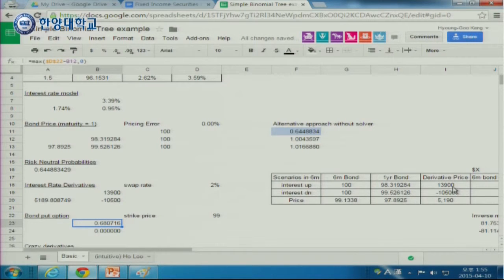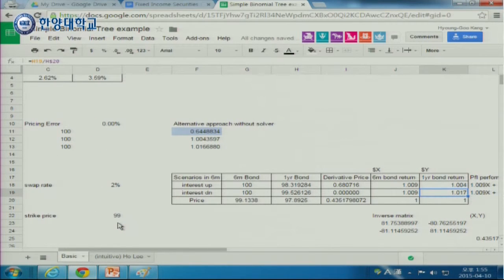Let's change the derivative price. Now the derivative changes like this. To make matters simple, let's think about a bond put option. In the case of a put option, when the bond price goes up, I don't make money. When the bond price goes down, I can make money because it is the right to sell. So let's think about the bond put option.